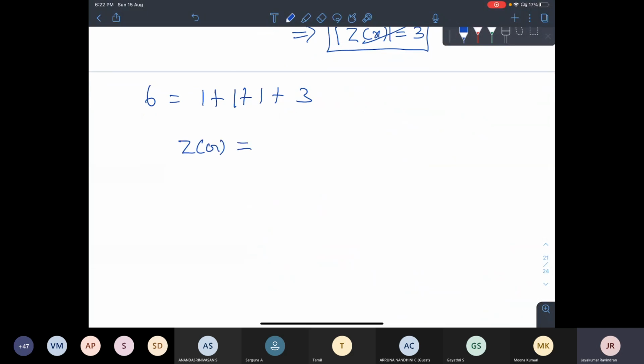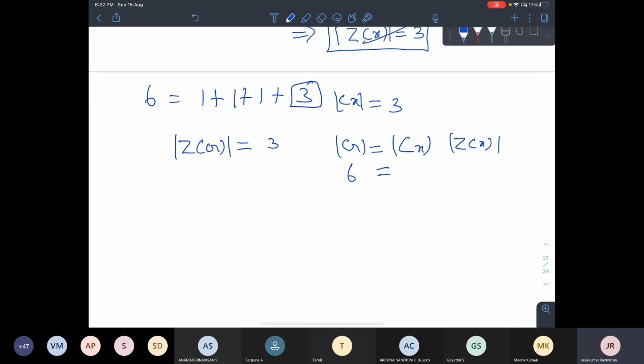The center of G is 3, but for this term Cx equals 3, by the orbit-stabilizer formula, 6 equals 3 times Z of x.